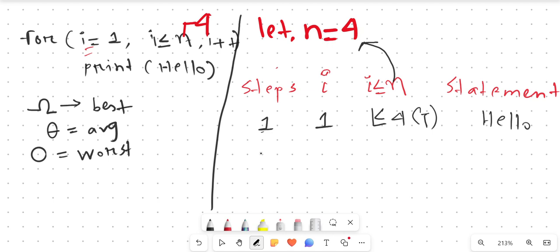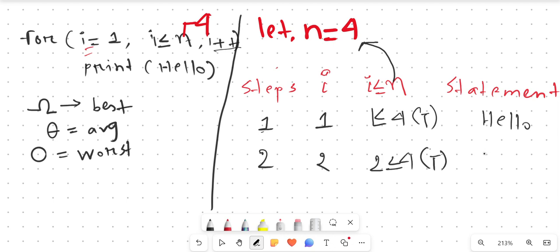Again, in the next step, what is my I? My I will be incremented from 1 to 2. Again we check, is 2 less than or equal to 4? Yes, it's true.